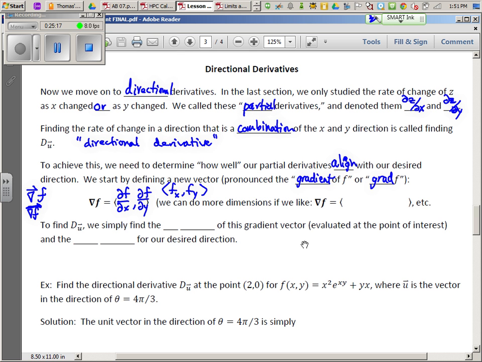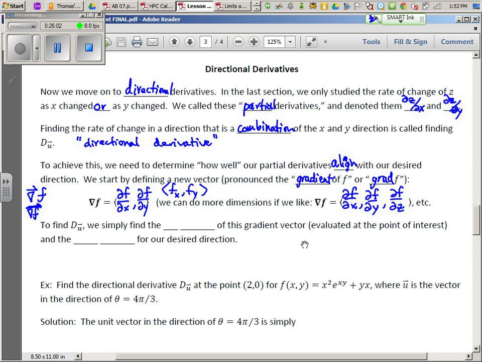In 3D it would be df dx, df dy, and df dz, but I think it's too complicated for today, at least since I plan on explaining everything using that hiker. Okay, so we're going to just use the first one over there, df dx, df dy. But just know that if you want to do it 3D, it's not any harder mathematically, but it's a little bit harder to grasp the meaning.